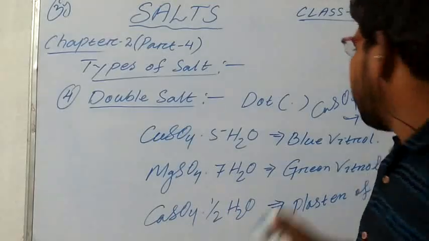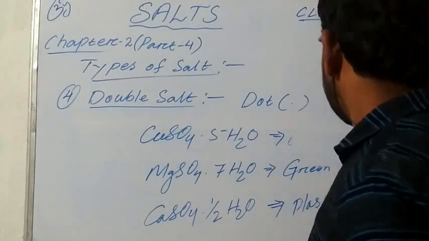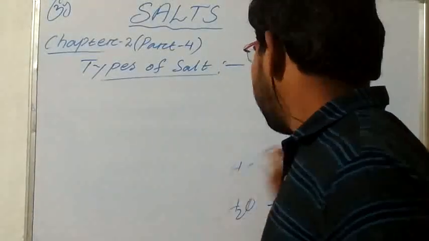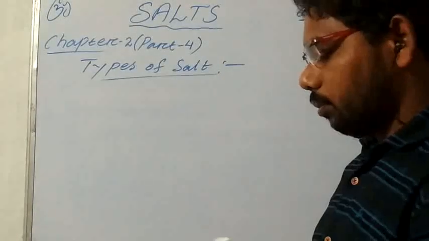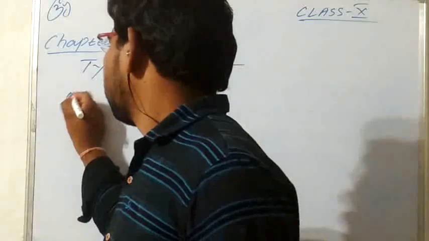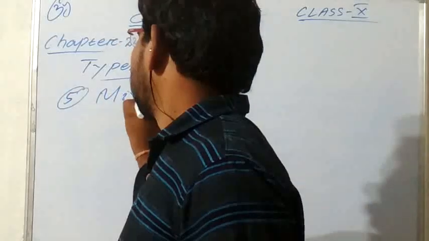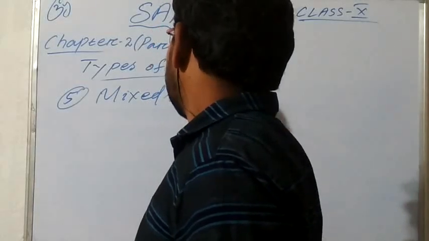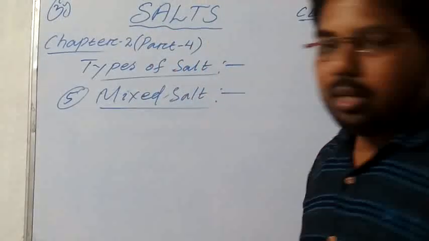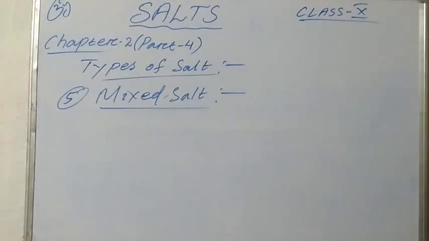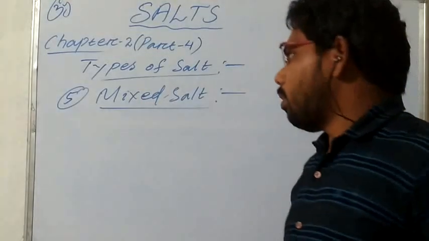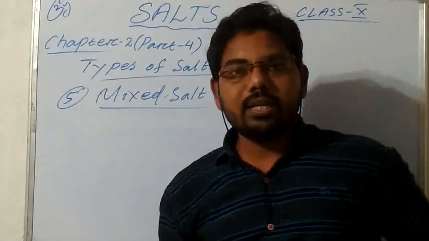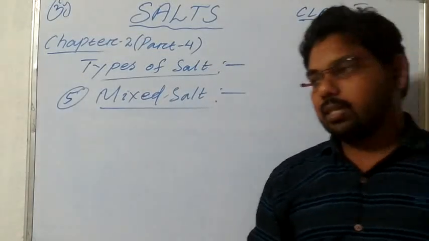Next, we are discussing another type of salt, that is mixed salt, the fifth type of salt. In a mixed salt, 2 cations or 2 anions are present in the salt.